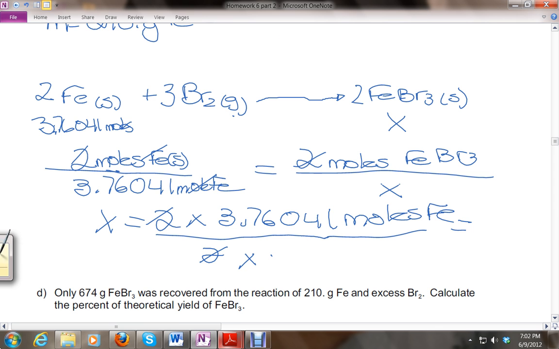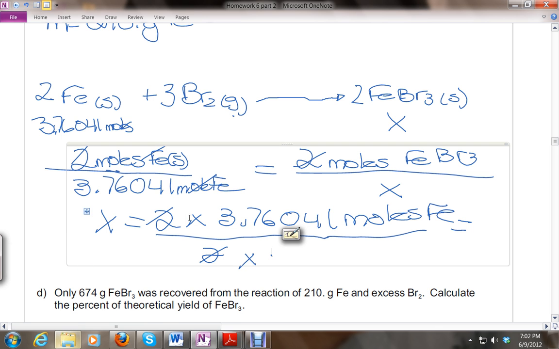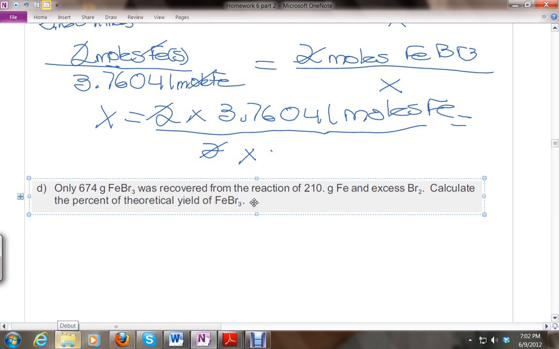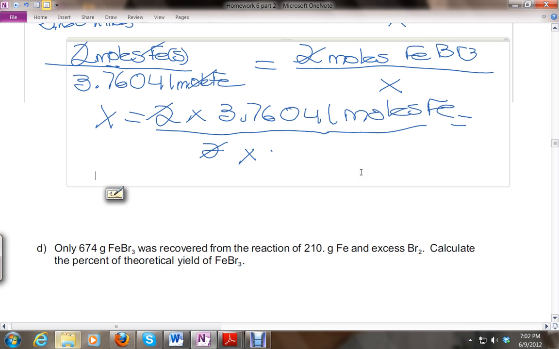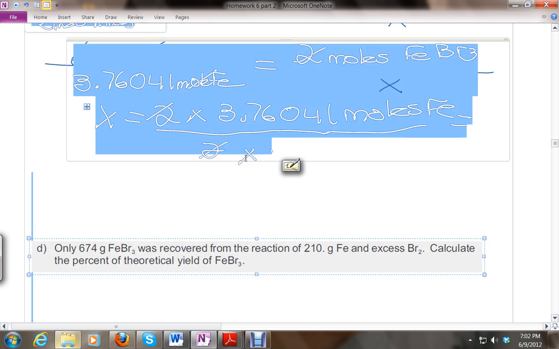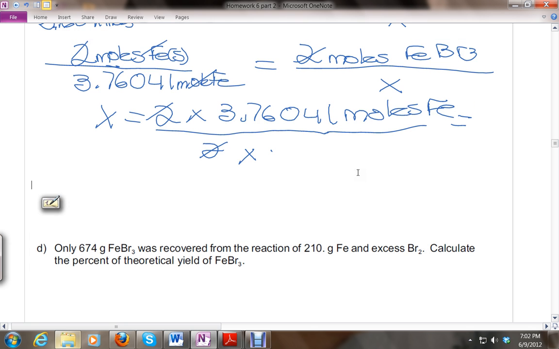The moles of iron bromide, let me get it a little bit lower. The moles of iron bromide are going to be equal to, oh, Dios mío.